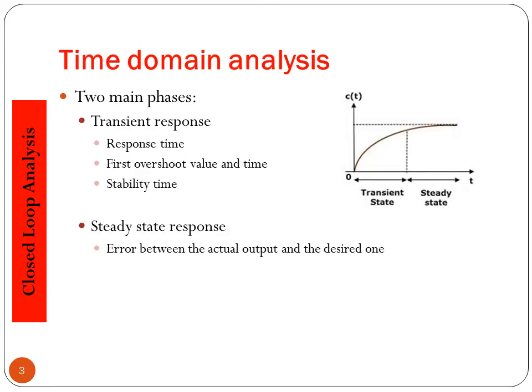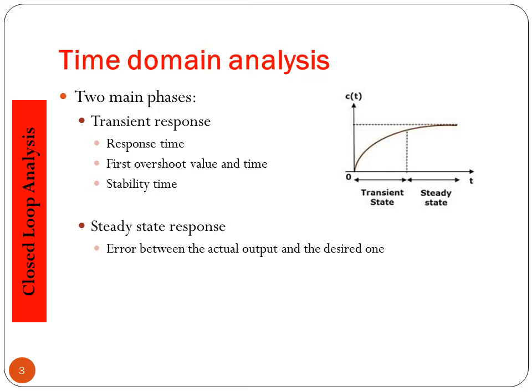So, first of all, a very important remark to follow is that when we have to work in time domain analysis, we have always to calculate the closed loop system transfer function. So the time domain response is divided mainly in two parts: the transient response and the steady state response.